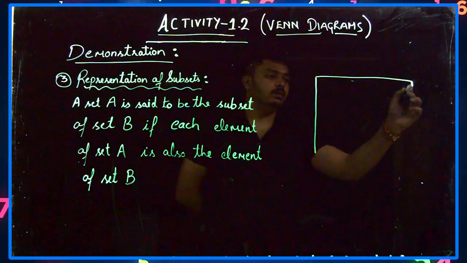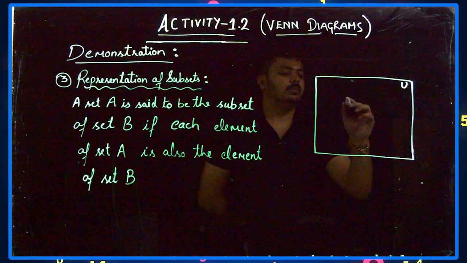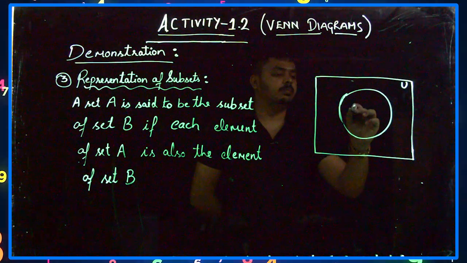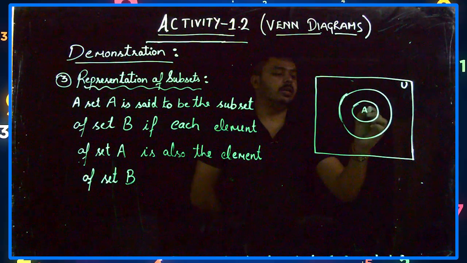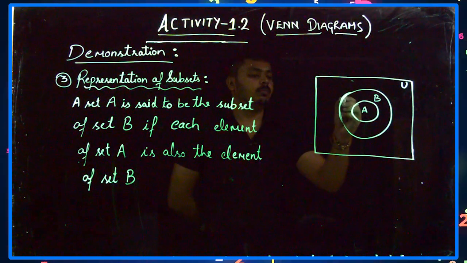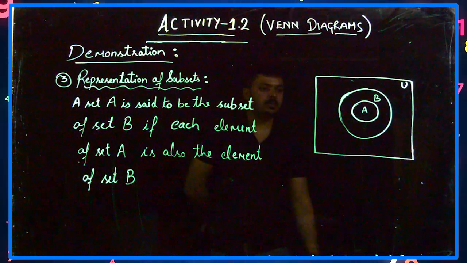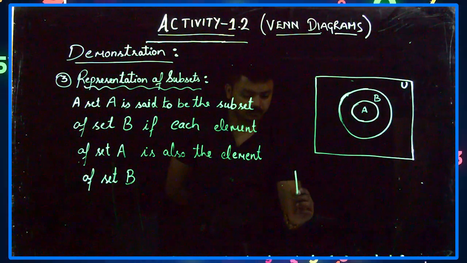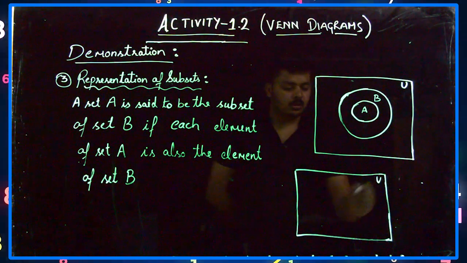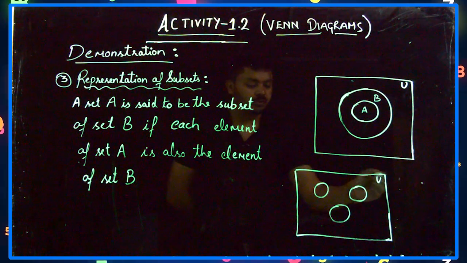Let's show it using a Venn diagram. So this is a universal set, and let's draw a circle that represents set B, and set A. Now we can clearly see that set A is the subset of set B. Similarly, every set defined inside the rectangle, that is the universal set, is the subset of the universal set.